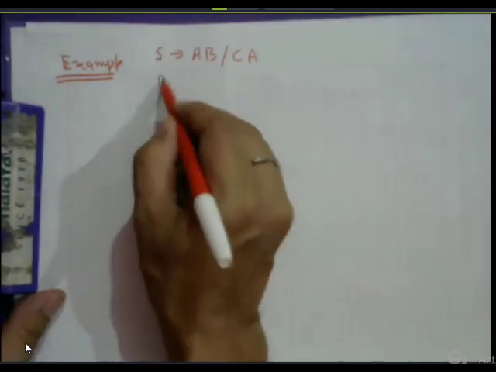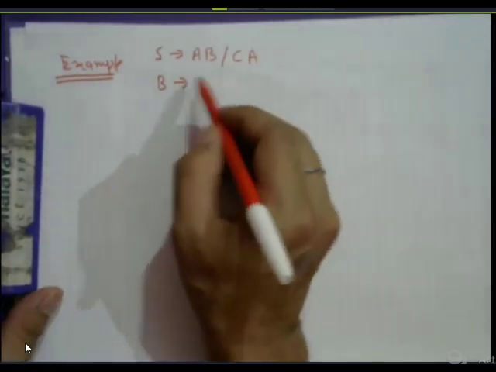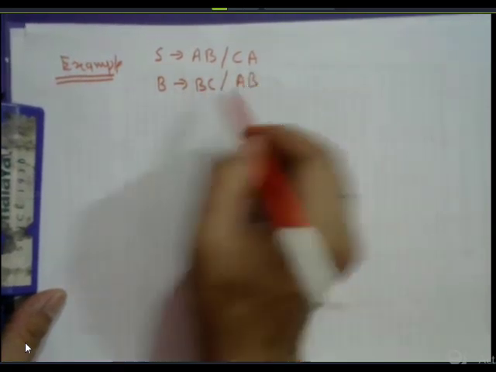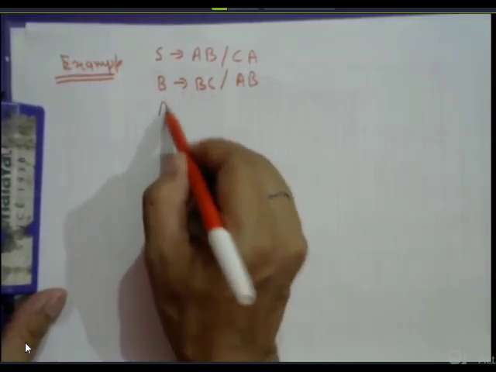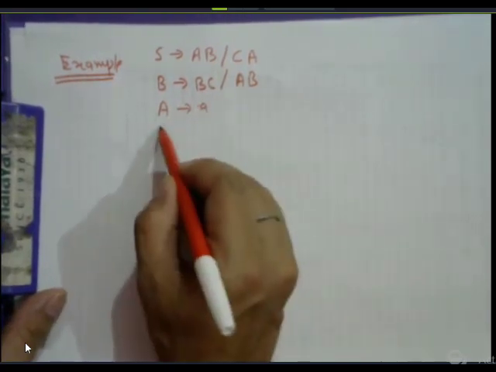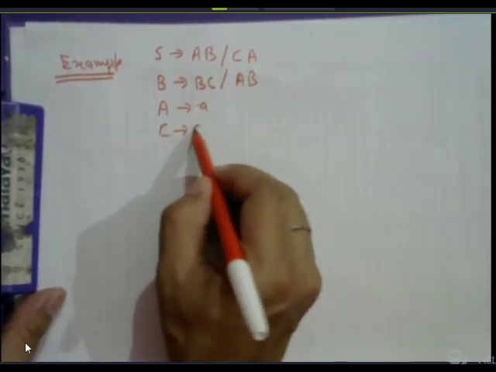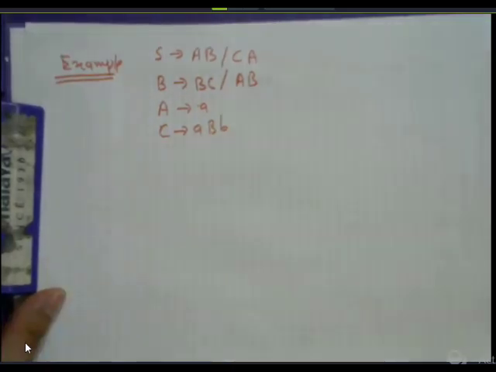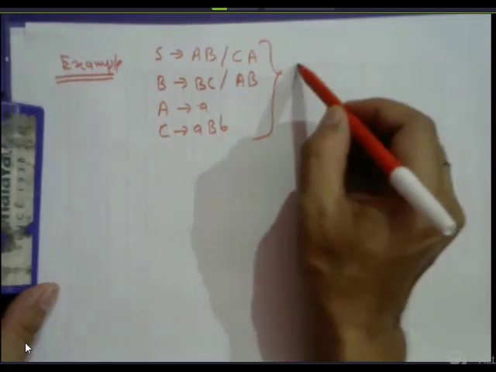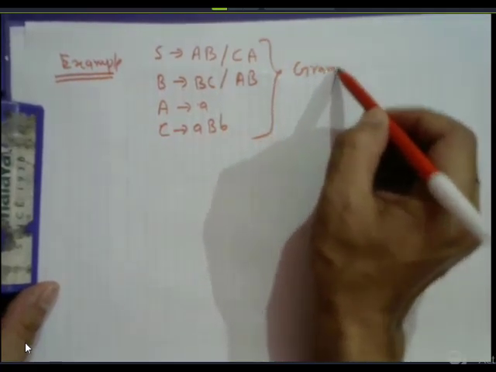B tends to BC or AB. A tends to small a. C tends to A capital B or small b. This is the grammar G.